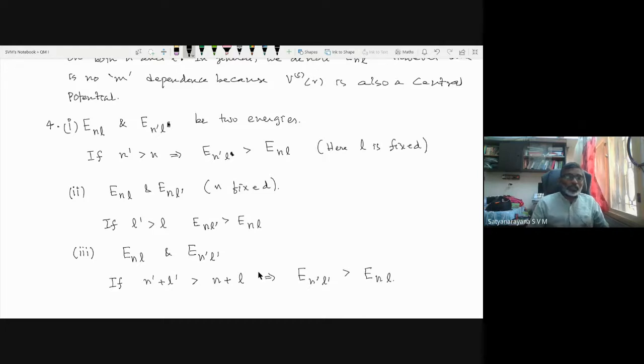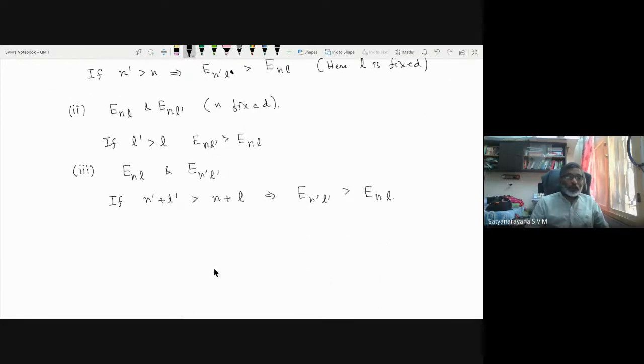Okay, so now you have to understand this in the following way. There is a general rule in quantum mechanics like this. If you look at your one-dimensional problems, the ground state does not have a node.